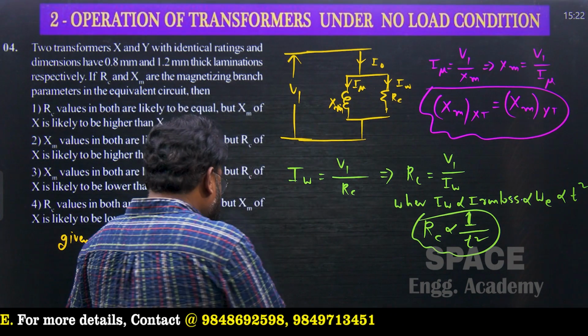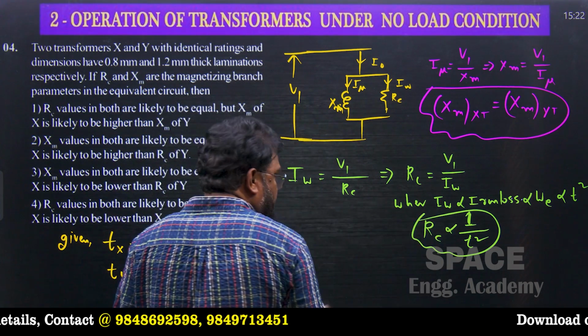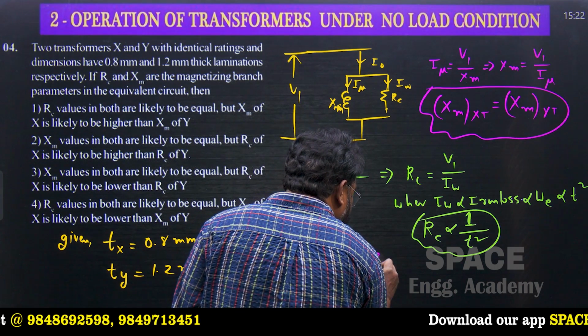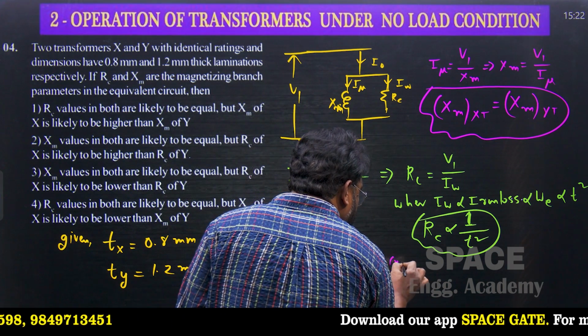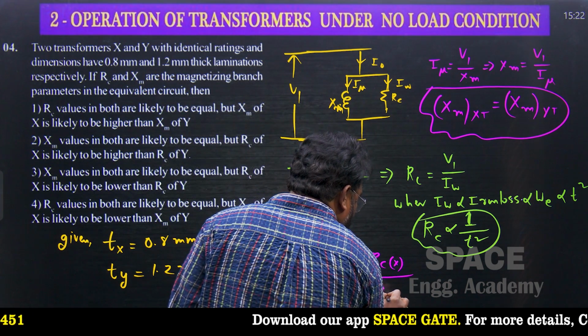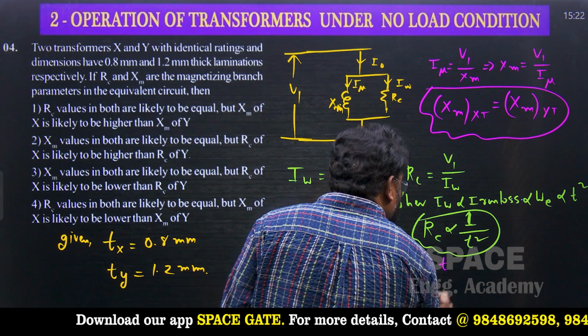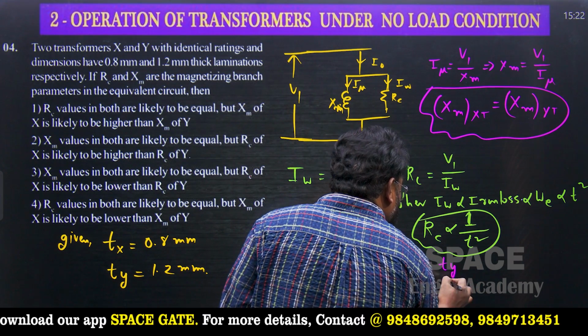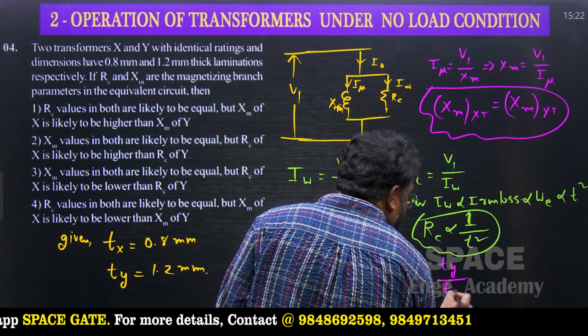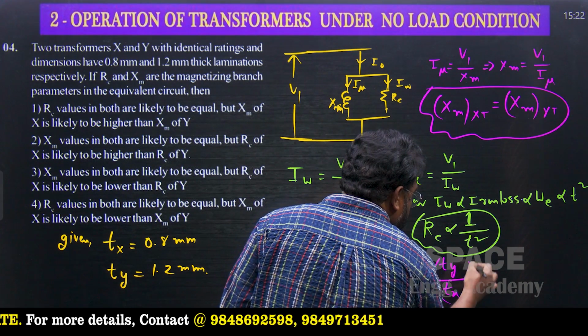By using this equation, RC of X transformer divided by RC of Y transformer is equal to the thickness of Y transformer divided by the thickness of X transformer, whole square.